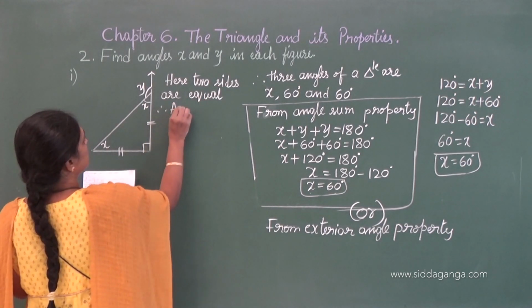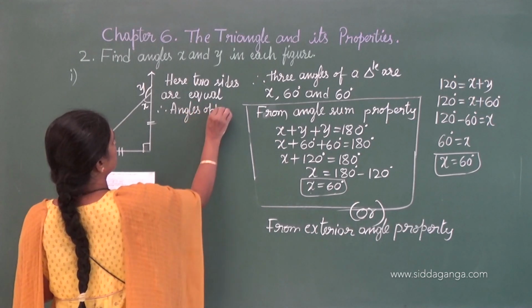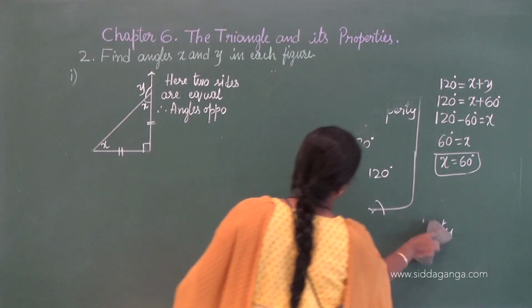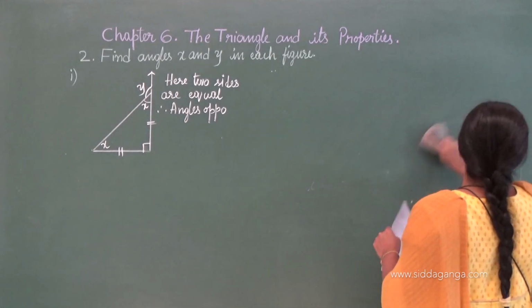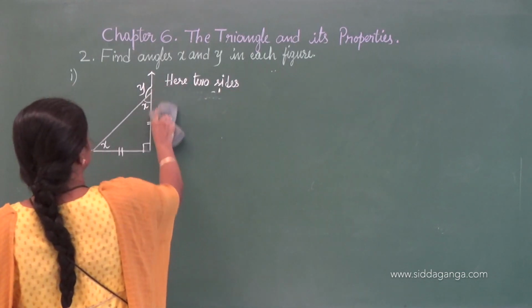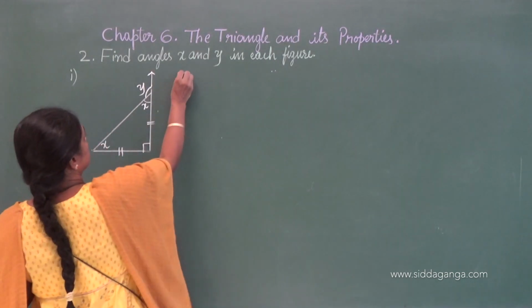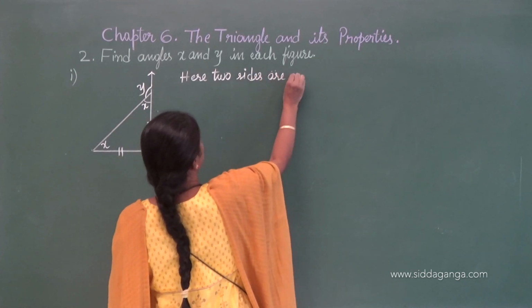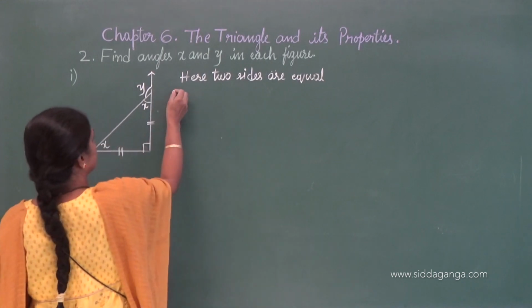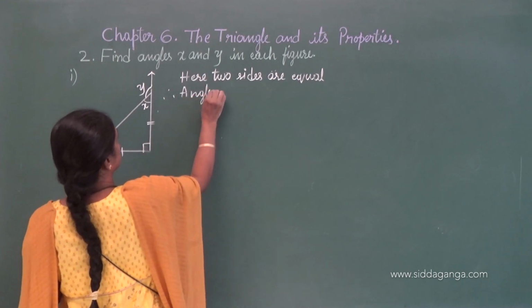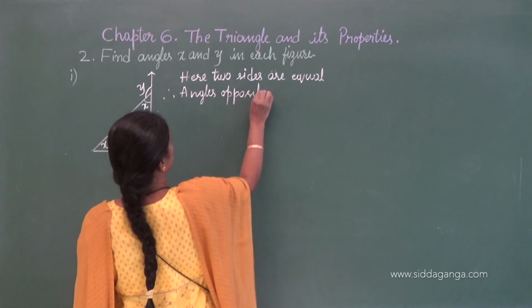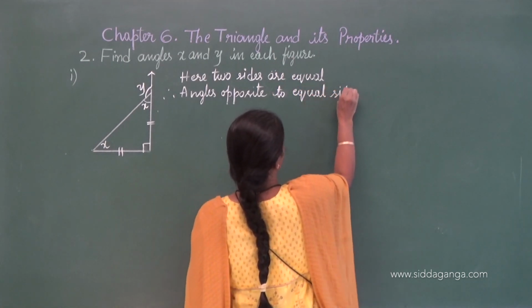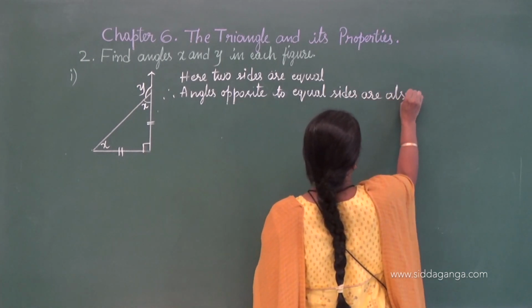Therefore angles opposite to equal sides are also equal.